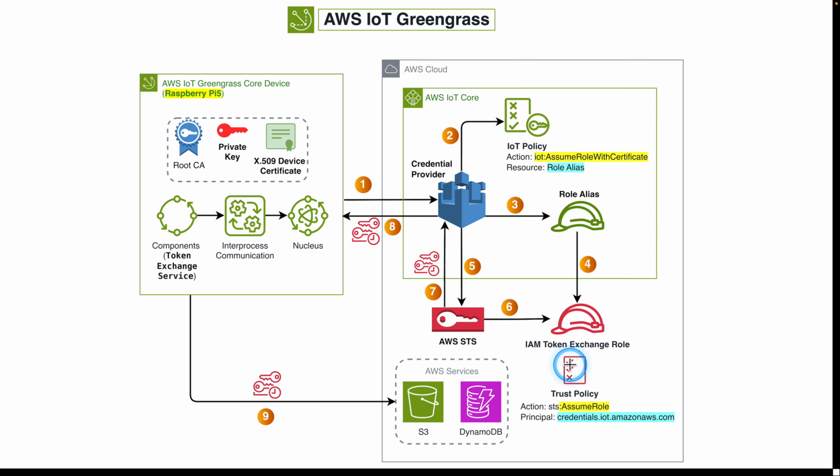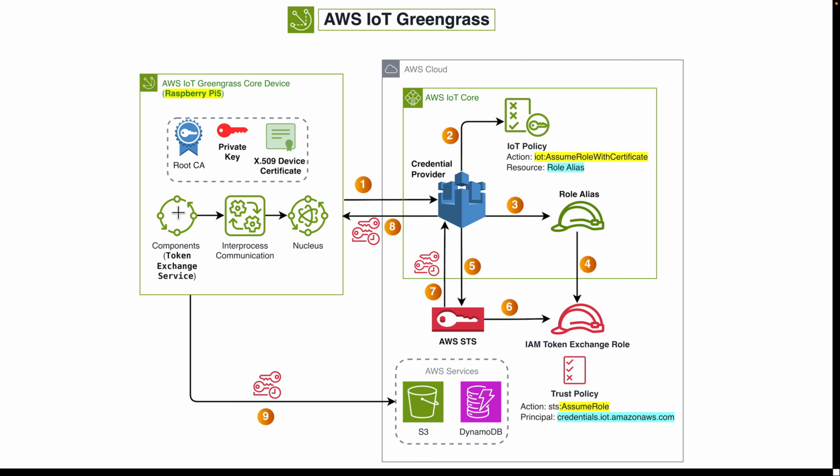In the trust policy, we will define credentials IoT, which can assume role. And on the edge device side, we need to create user and group so that Greengrass component can use that to run necessary processes. Now, let's jump back to our terminal.